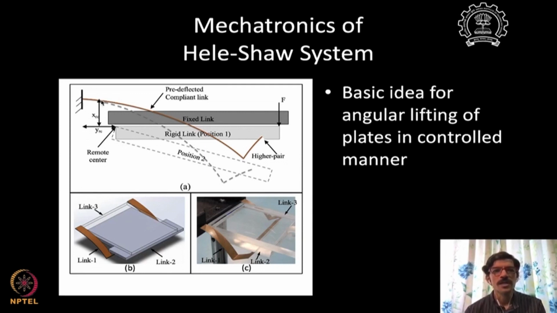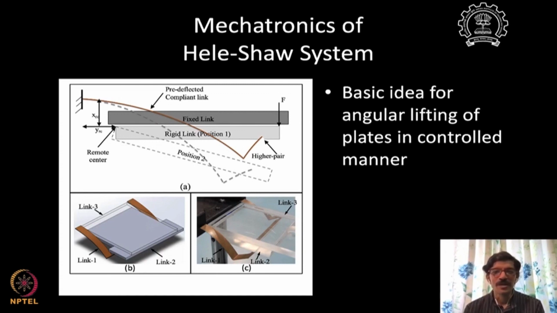It's a simple cantilever link with a perpendicular fold to that link, and that is used as a compliant mechanism for this remote center motion. If you analyze such a beam when a force is acting on it, using standard software available in the market, like ANSYS or SolidWorks or some FEM software, you'll find this mechanism works. We didn't do that before.